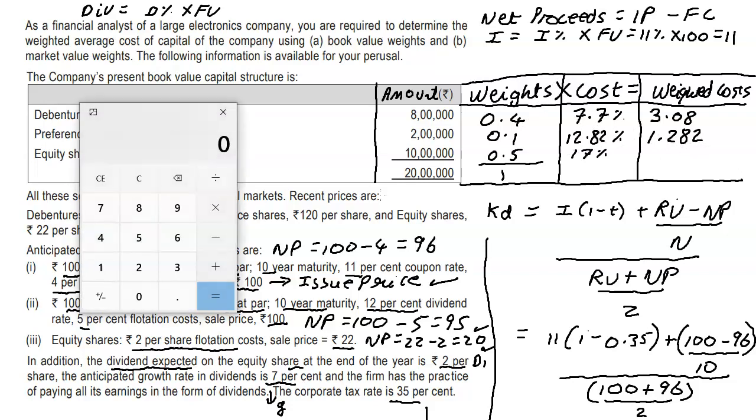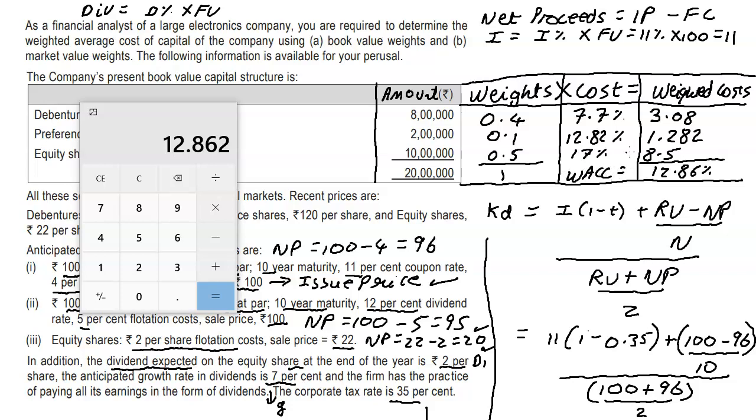Next, we have 17% into 0.5. So 17, only 17, don't press the percent button, into 0.5 gives us 8.5. Now that I have all of them in place, I'm going to add them all up. I already have 8.5 on the calculator plus 1.282 plus 3.08, which gives me 12.86, and 12.86% is my WACC.